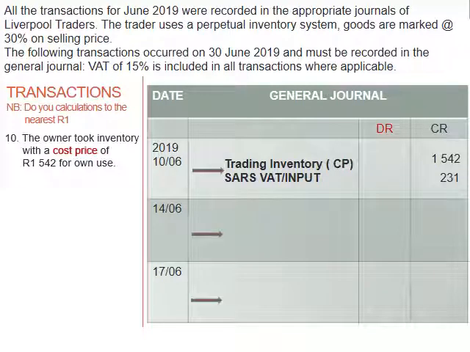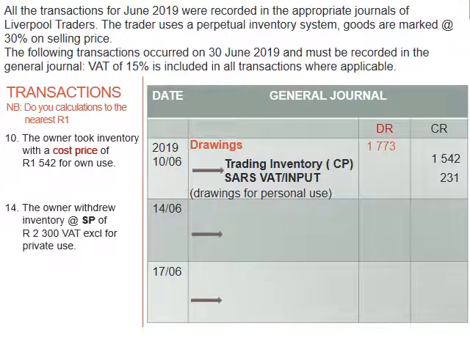The VAT calculated is 231 Rand. It will be added to the cost price to arrive at the debit entry in the drawings account of 1,773 Rand. The narration will be shown as drawings for personal use.